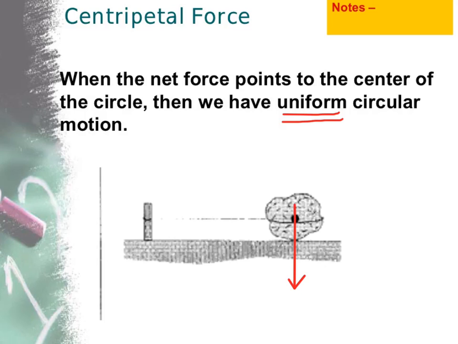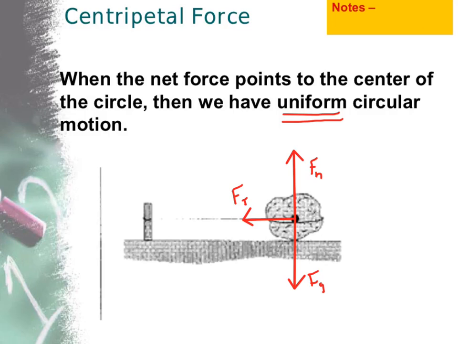And then we have the normal force, which is preventing the rock from continuing to fall. And then, if the object is in motion, we have a tension force exerted by the string. So we have tension force, we have a normal force, and we have a gravitational force.